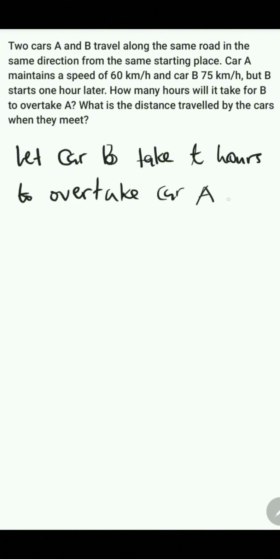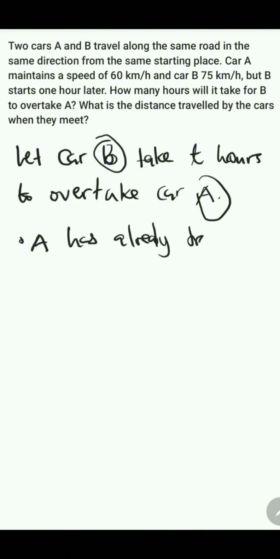So we're simply going to calculate for distance, where we know speed is given as distance over time.